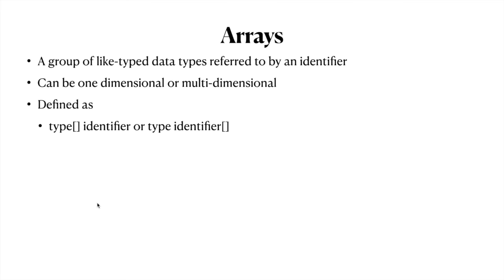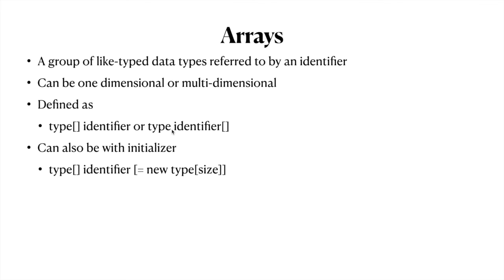So to define arrays, we use the type followed by square brackets, and then we provide the identifier. Or we can have the type, identifier, and finally the square brackets. This will define the array data types, and we can initialize during defining the array, or we can initialize it later on after definition.